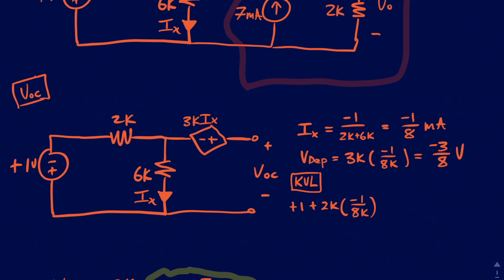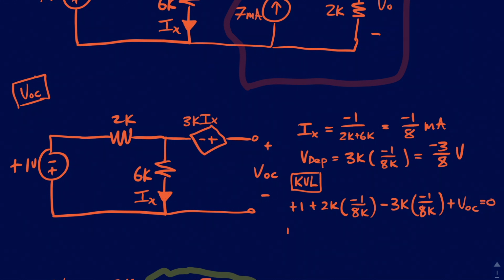And then we're going to have that voltage source, that's going to be minus 3K times IX, which was minus 1/8 K. And then we're going to have VOC, that's all equal to 0.